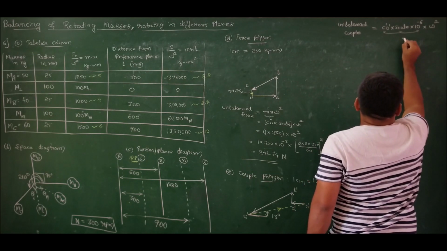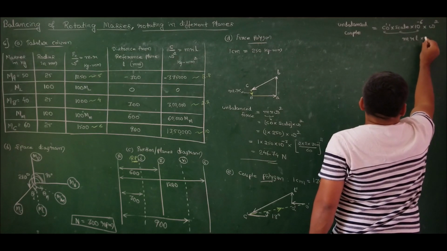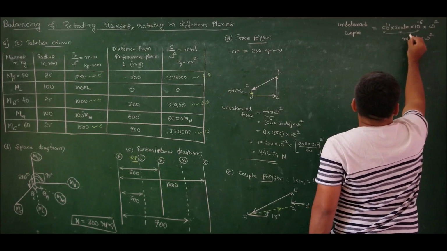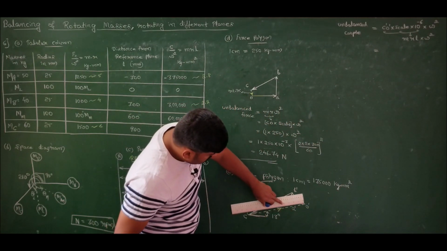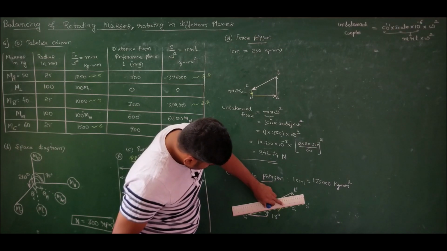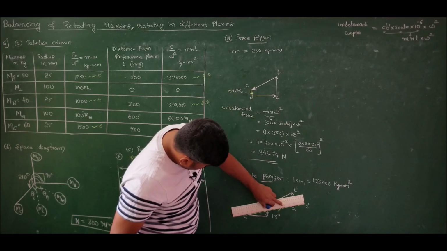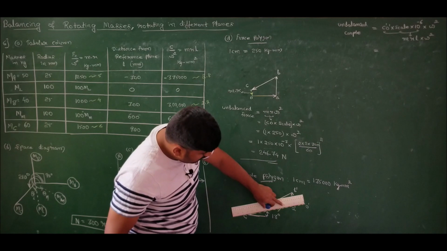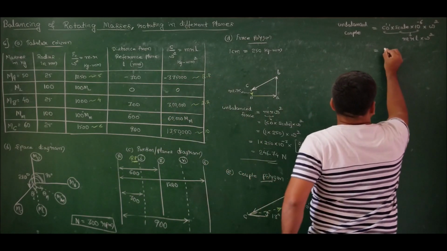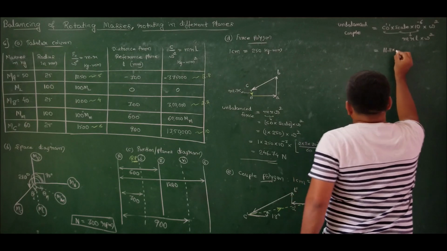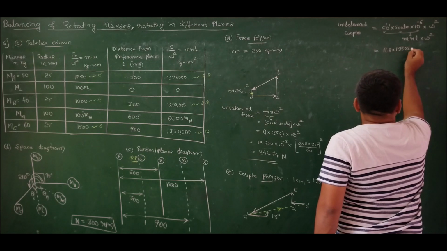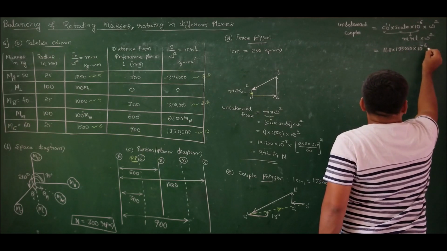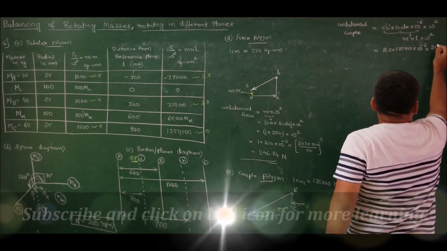So this is MRL into omega square. If I measure line length C dash O dash, I am getting 11.8 centimeters. Hence it is 11.8 into scale 1,35,000 into 10 to the power of minus 6 into 2 pi n by 60 whole square.